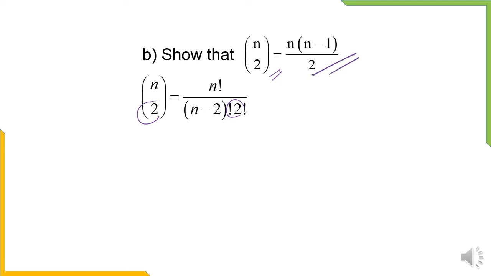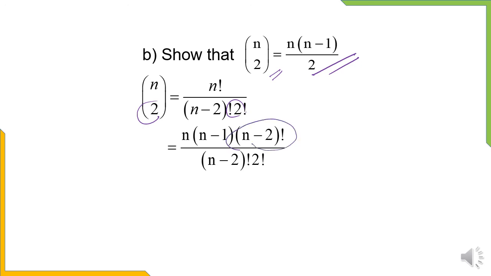What is n factorial? n factorial can be represented as n multiplied by n minus 1 multiplied by n minus 2 and so on. So n minus 2 and so on is actually (n minus 2) factorial. That's why we can cancel out the (n minus 2) factorial in the numerator with the denominator. So what we have as the result is n multiplied by (n minus 1) divided by 2 factorial.